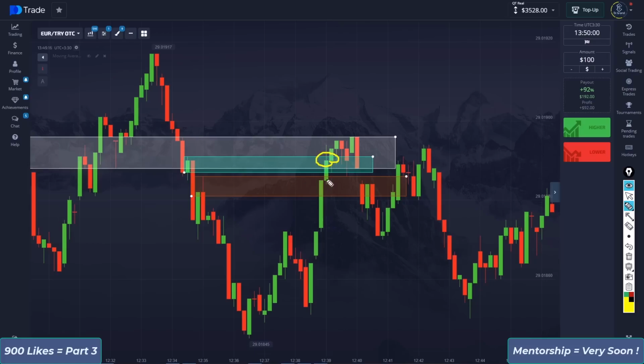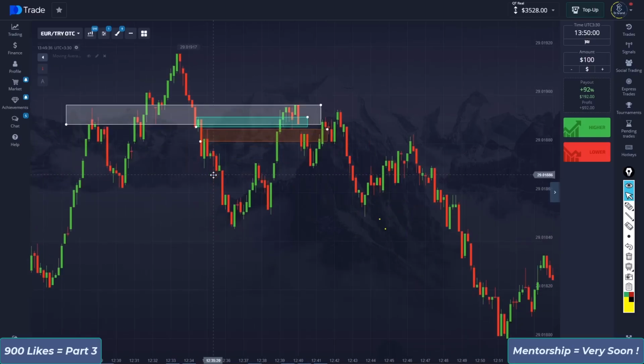Okay, so if we're going for 1 minute, or let's see, 1 2 3 4 5 6 7 8 9 10 11 12. Okay, if we go for 1 minute, we would win the trade down here. And that's the lower time frame entry for this one, right?